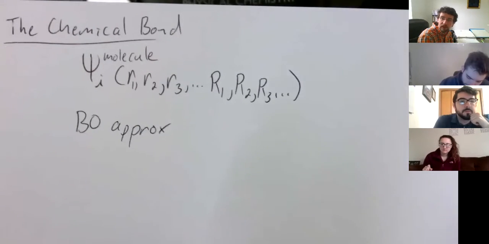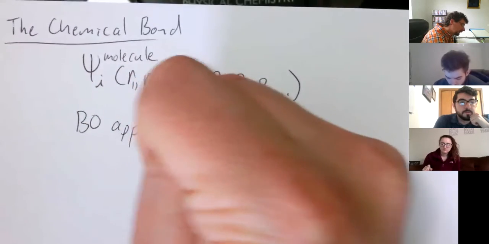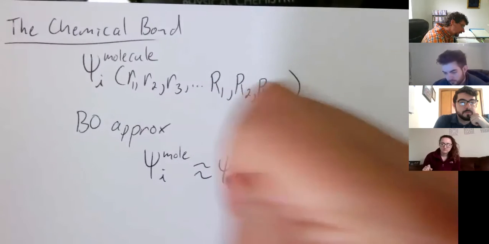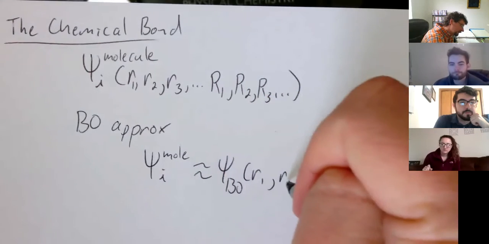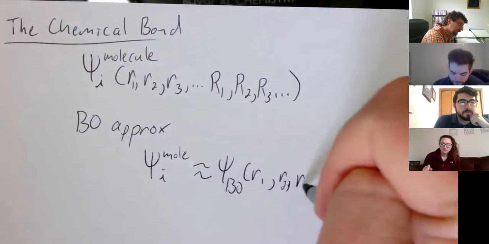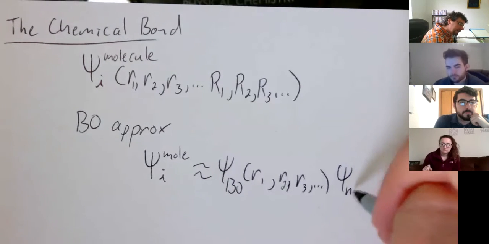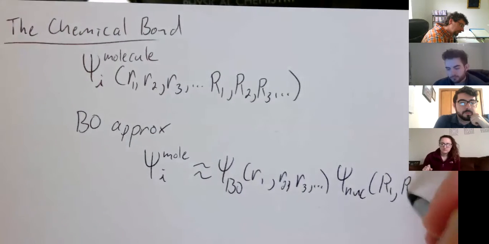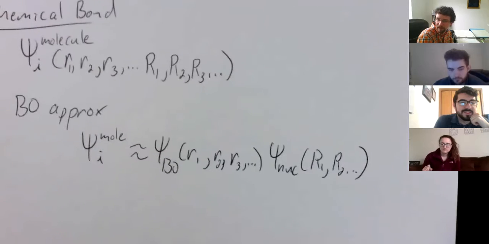And so we can say we really only have to pay attention to the electrons, and we can split apart our wave function of our molecule into a portion that just relies on the electrons and a portion that relies on the position of the nuclei. Right, and that's as far as we got, I think.